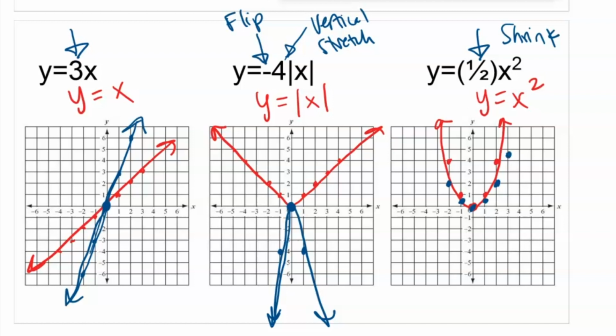So over 3, up 4.5. Okay, so you can kind of see this one will be a little bit wider than the parent function. So if that number is a fraction or a decimal, it's going to be wider than the parent function. If it's a whole number, like on the previous example, then it's going to be skinnier than the parent function.